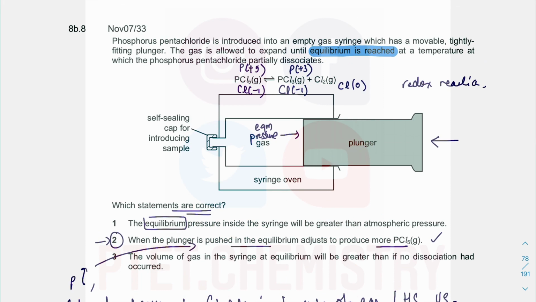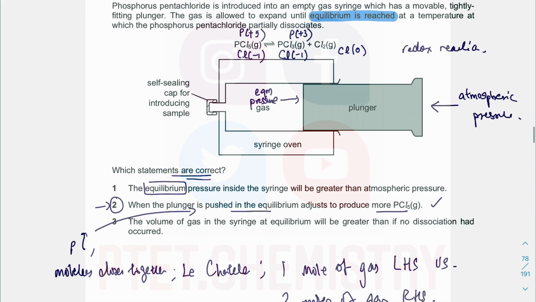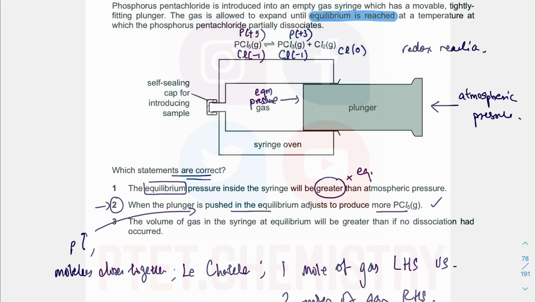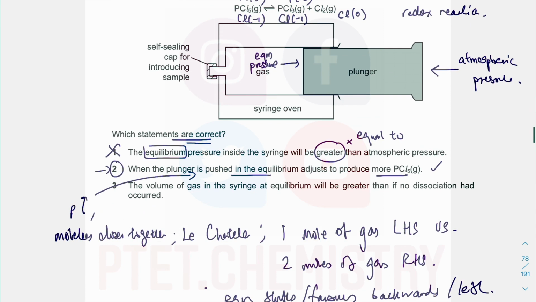That means your equilibrium pressure equals the atmospheric pressure once you reach equilibrium. So it will be equal, not greater, so that they are not moving anymore. So that's incorrect. 2 is correct, 1 is incorrect. You're left with option C, which is 2 and 3.